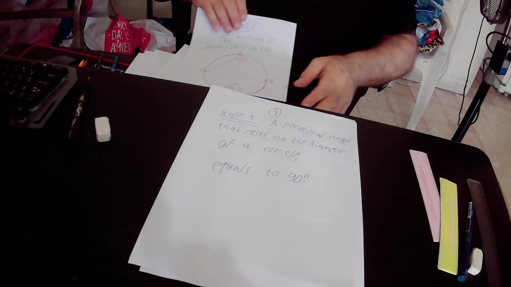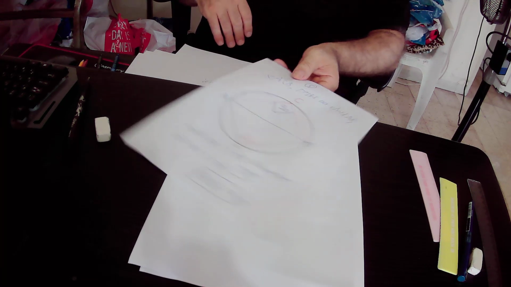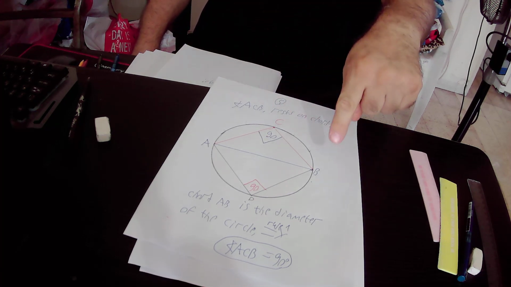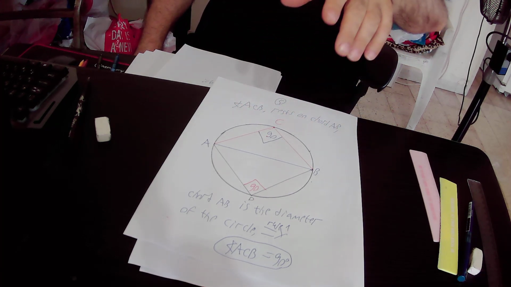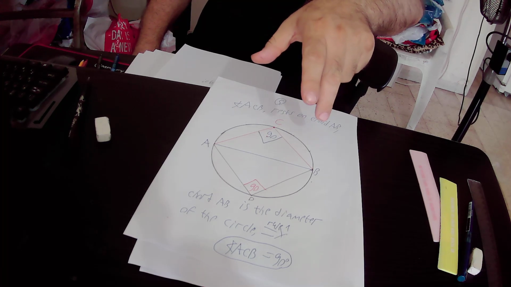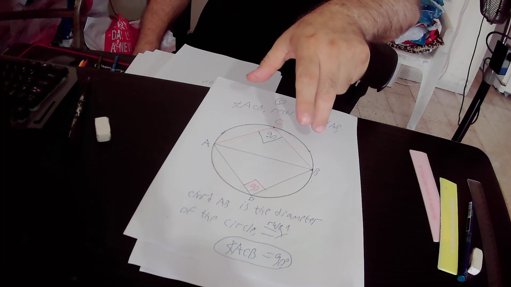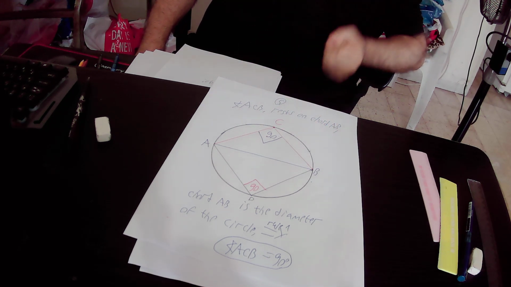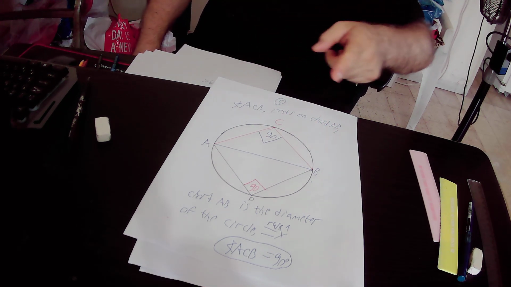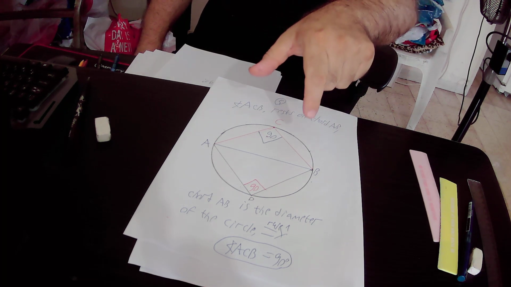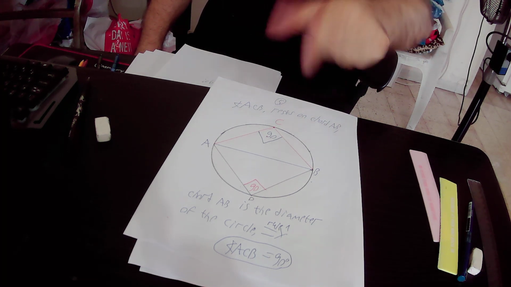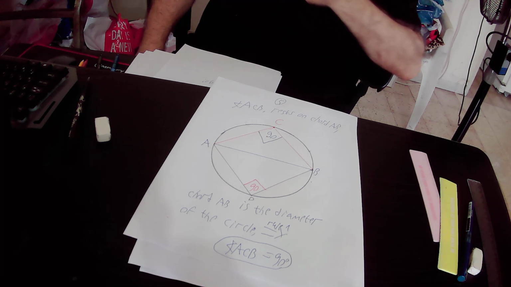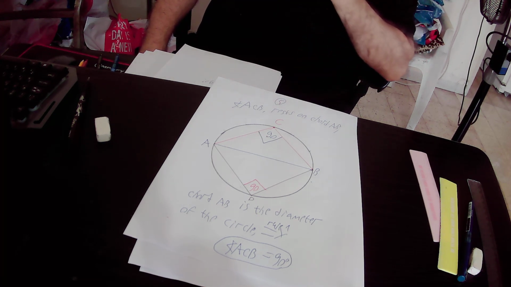So if ACB is a peripheral angle, and AB is the diameter of this circle, and ACB rests on chord AB, then according to rule number 1, it equals 90 degrees.